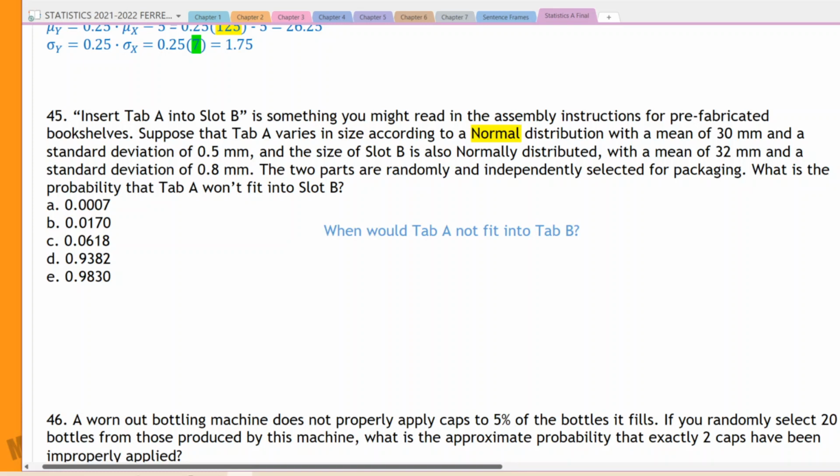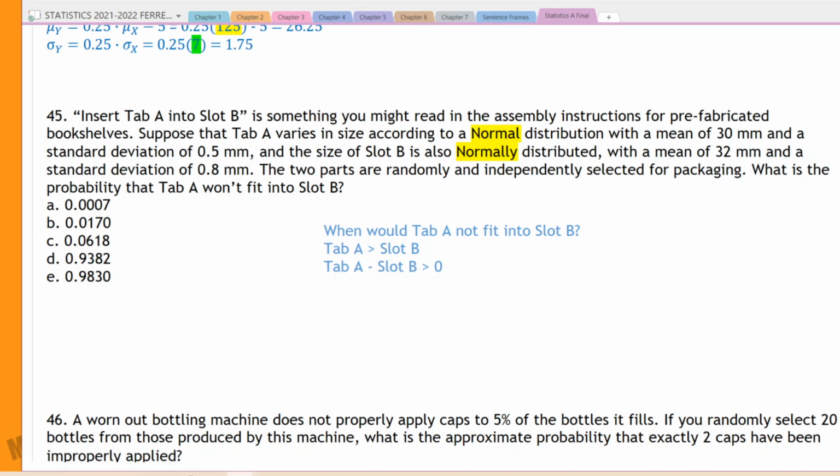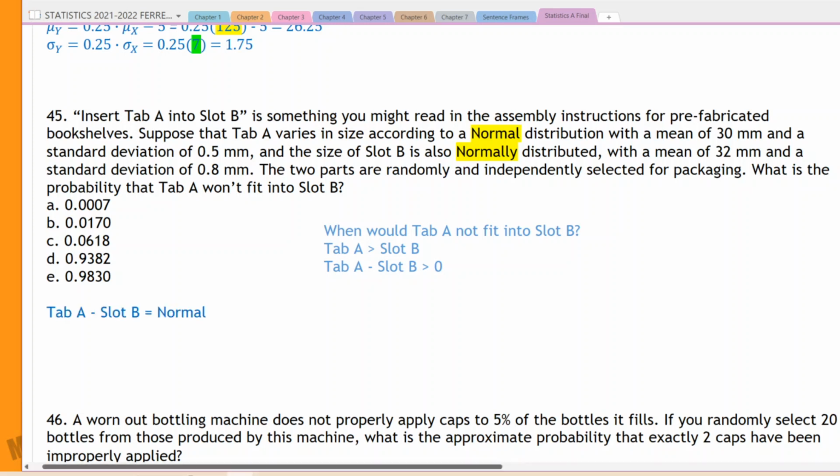So the question we need to ask ourselves for this one is, well, when would tab A not fit into slot B? Well, that would occur when tab A is greater than slot B. Now, since these are both normally distributed, well then tab A minus slot B is also normally distributed.